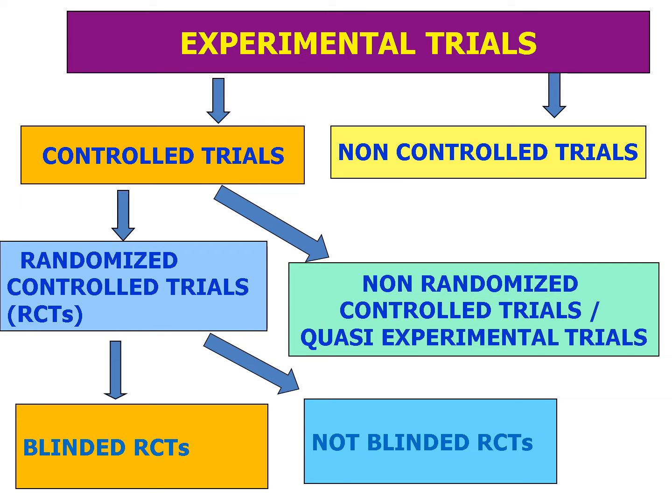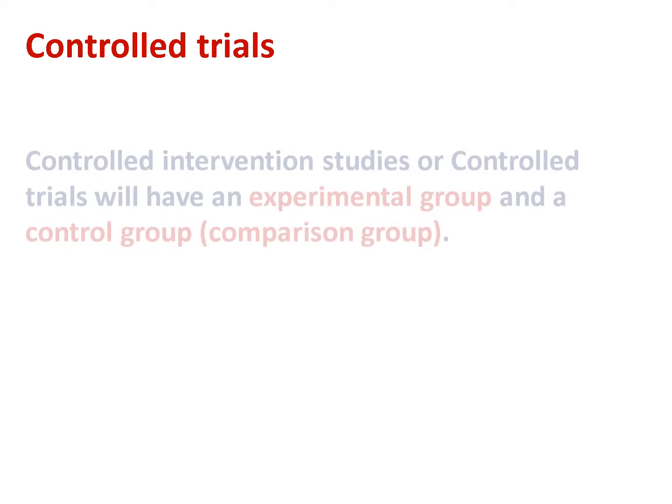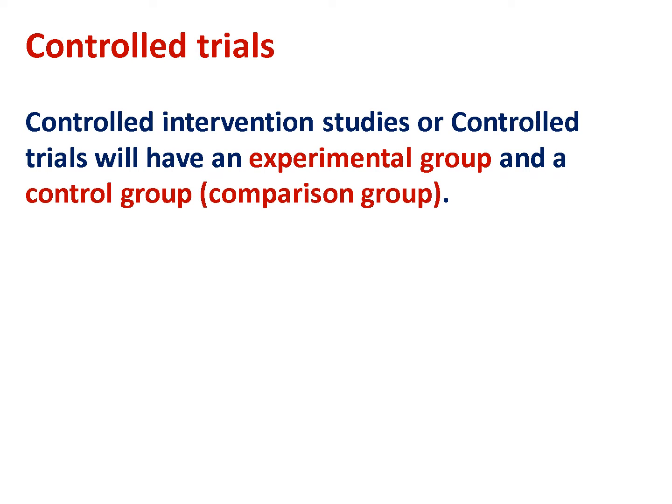So we will see in detail what a controlled trial is, what a non-controlled trial is, what the characteristics of a randomized controlled trial and a non-randomized controlled trial are, what a blinded trial is, and what a non-blinded trial is. Controlled intervention studies or controlled trials will have an experimental group and a control group.